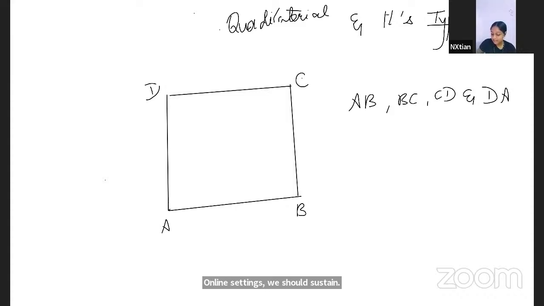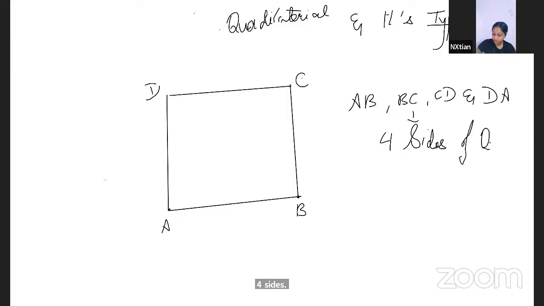A line which has a starting point and an ending point. So it's made up of four line segments. Basically, these four line segments are the four sides of the quadrilateral.